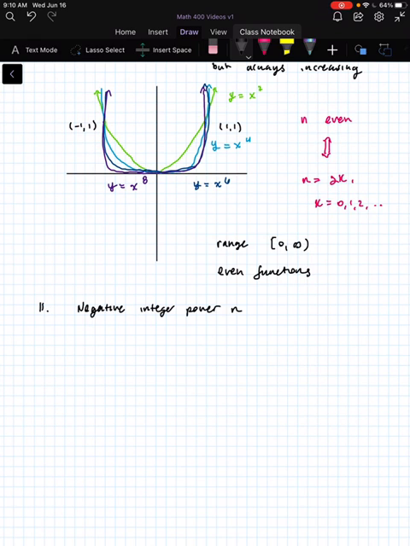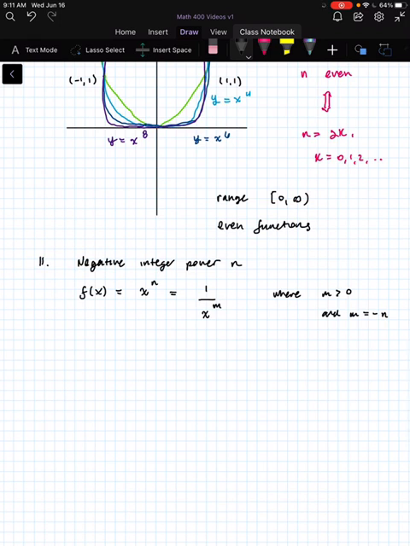Because the general form now, if we want to talk about it in terms of n is now negative, it might make more sense to think about it as f of x equals x to the n really being some 1 over x to the m, where m is positive and m equals negative 1.